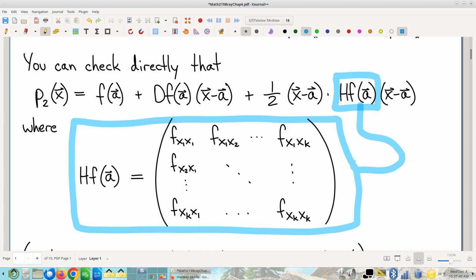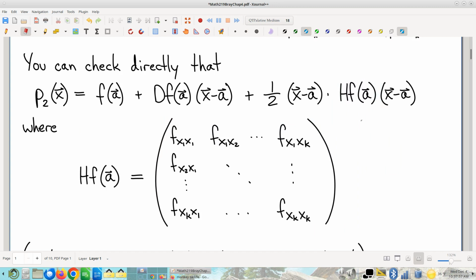That means this is a symmetric matrix. And as y'all know from linear algebra, symmetric matrices have really nice properties in terms of eigenvectors and eigenvalues and stuff like this, which ends up being very helpful. Okay, that's section 4.1.